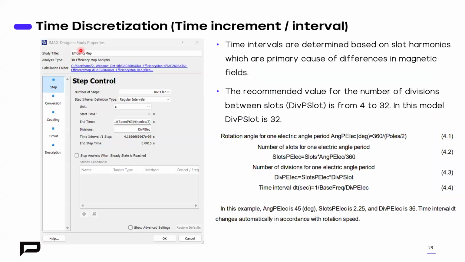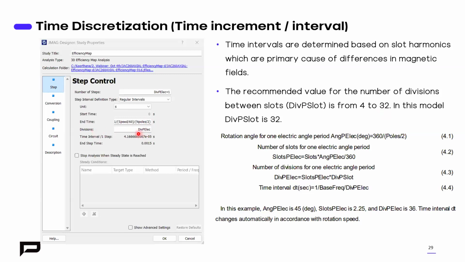So the time discretization, which is the step properties. Here we have to define for how many cycles the motor should run. The recommended value for each division is from 4 to 32 in this model.